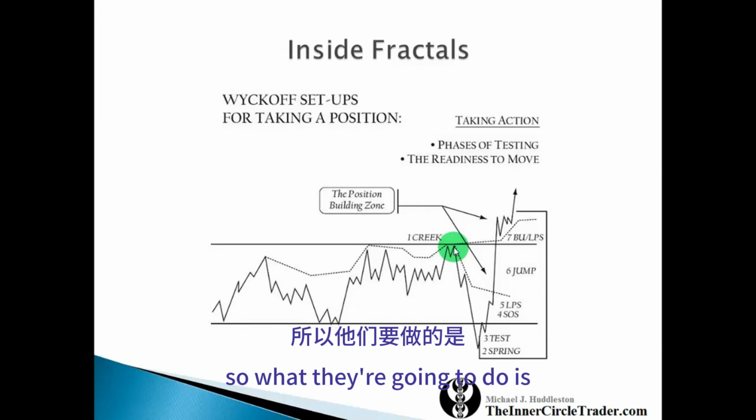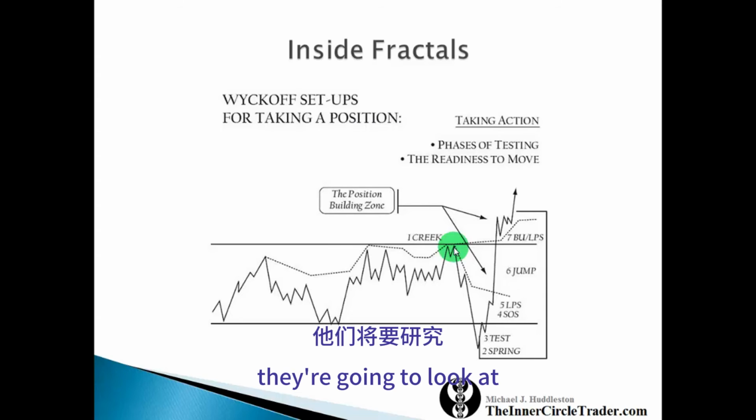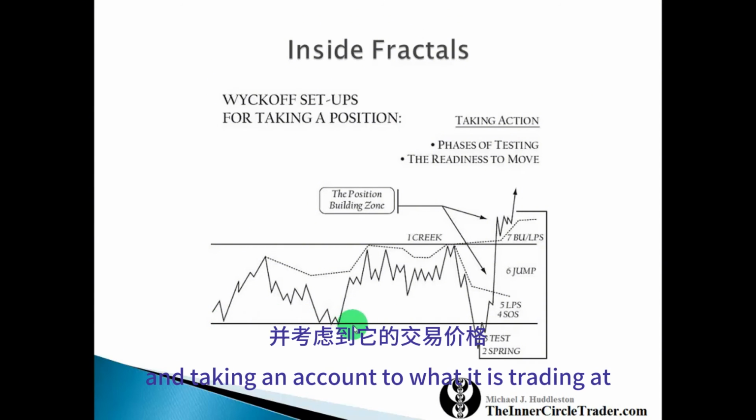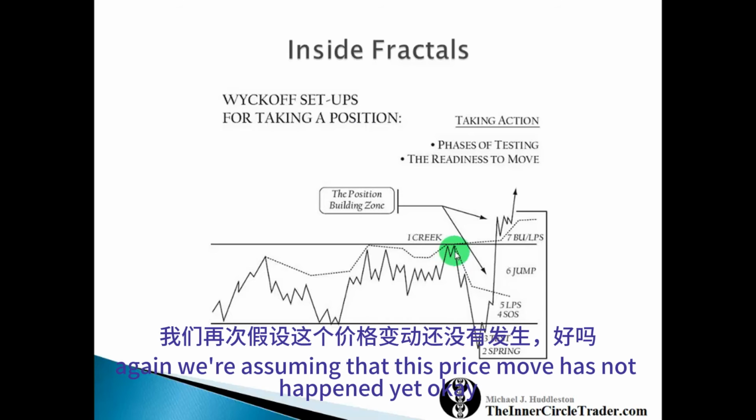So what they're going to do is look at what's already happened in the recent trading, taking into account what it is trading at the moment. Again, we're assuming that this price move has not happened yet.